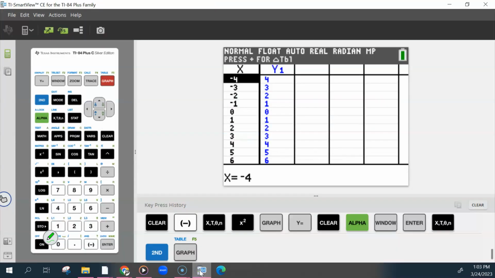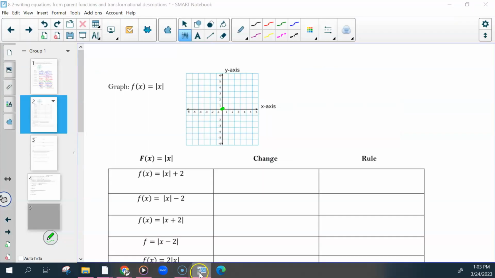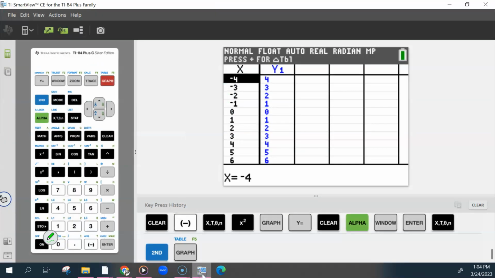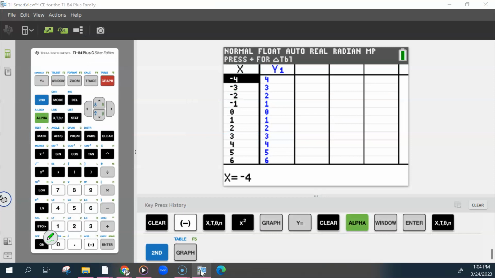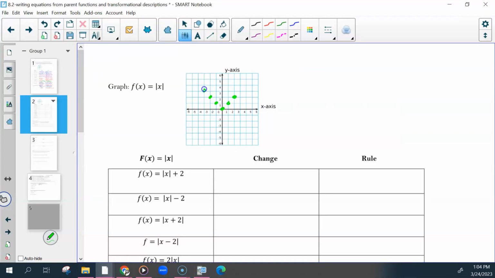And then we have negative 1, 1, 1, 1, negative 2, 2, 2, 2, negative 3, 3, and 3, 3, and it's just going to keep repeating like that. Negative 4, 4, 4, 4, negative 5, 5, 5, 5, negative 6, 6, 6, 6.